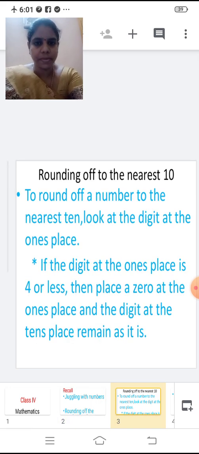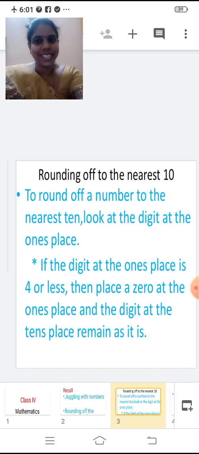Rounding off the numbers to the nearest 10. To round off a number to the nearest 10, look at the digit at the ones place. If the digit at the ones place is 4 or less than 4, what you have to do?